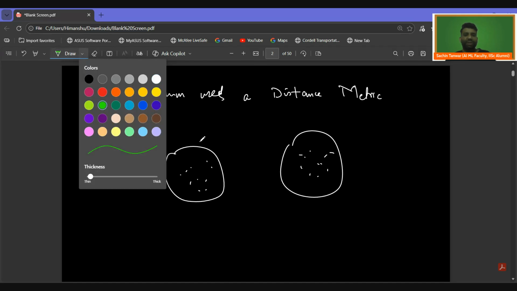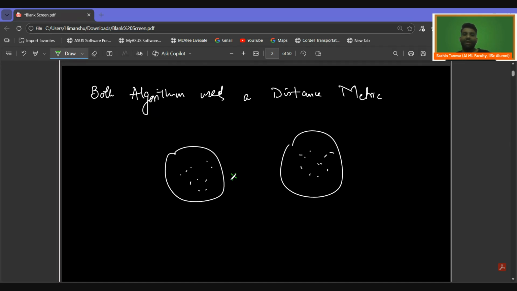I would like to see the distance of this one from this or from this. These are much closer to this data point, so it would share behavior with this category rather than that category, because it is much closer. So this is the core idea.